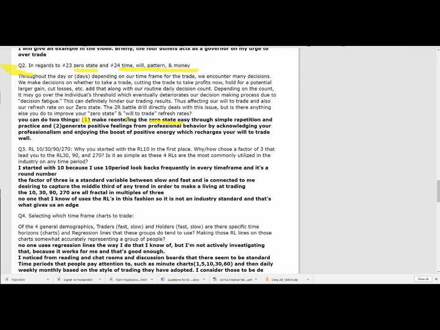The second thing you do is generate positive feelings from professional behavior by acknowledging your professionalism and enjoying the boost of positive energy which comes from doing that, and it recharges your will to trade well because you feel good about being professional.